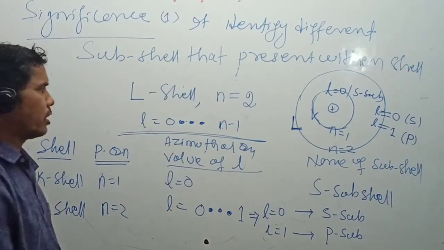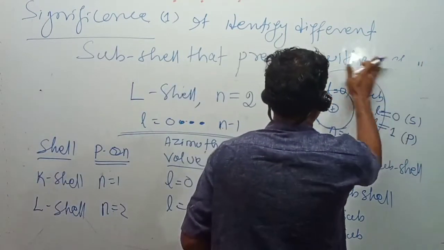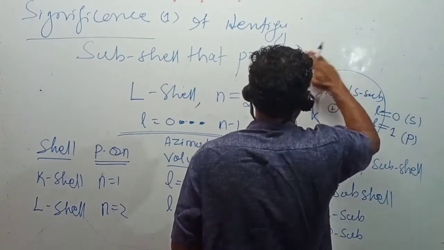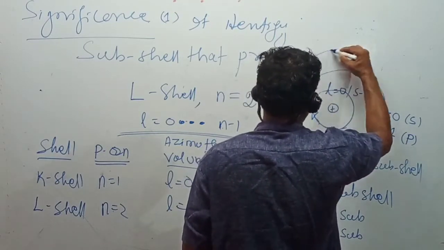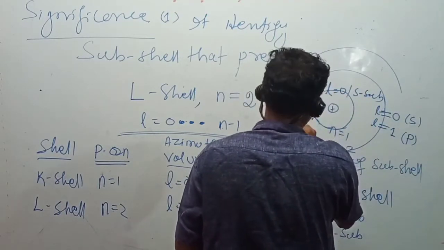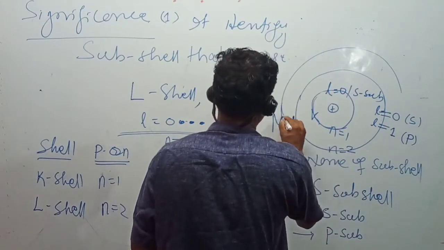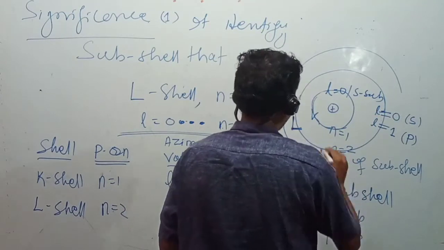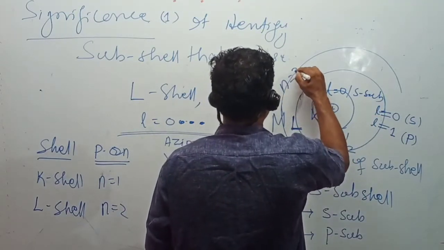Now just think of another shell, let it be called the M shell, where the principal quantum number n equal to 3.